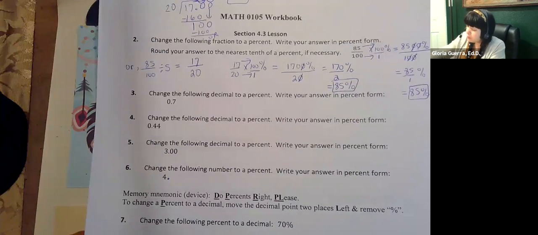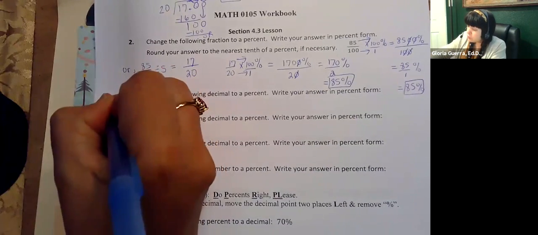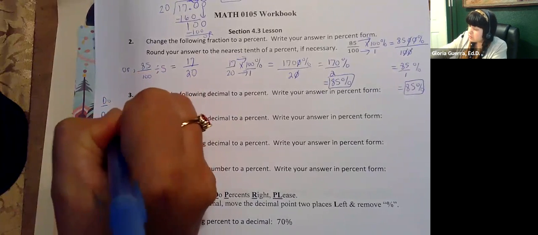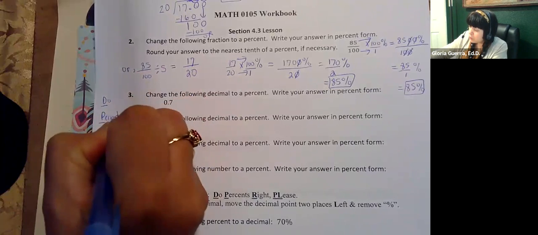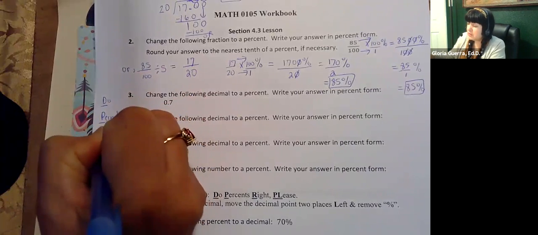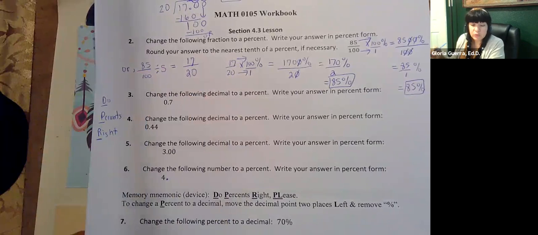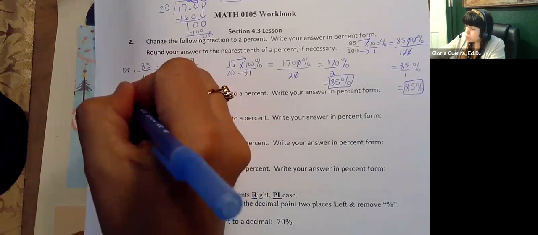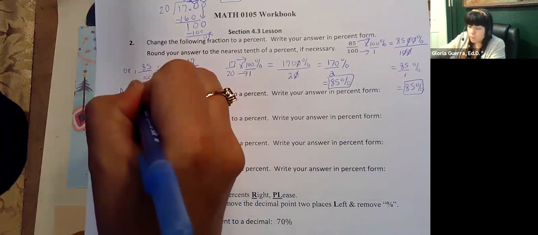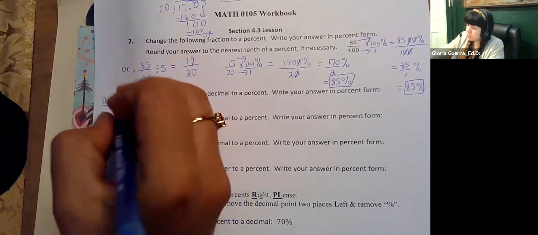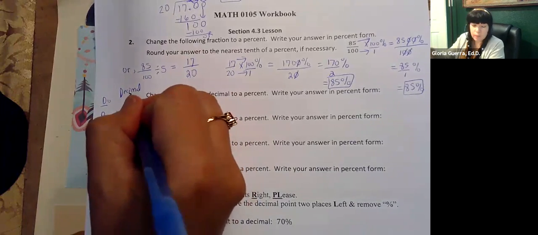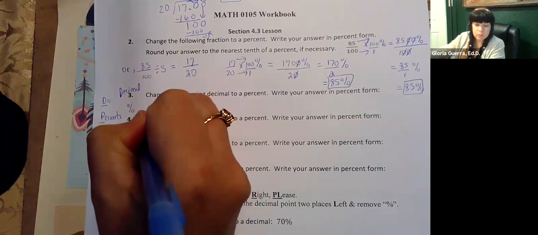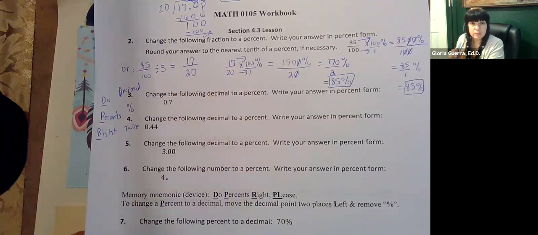So if I think about the memory mnemonic, do percents right, that says that if you have a decimal, and we do, and you want to change it to a percent, then you just move it twice to the right, okay?